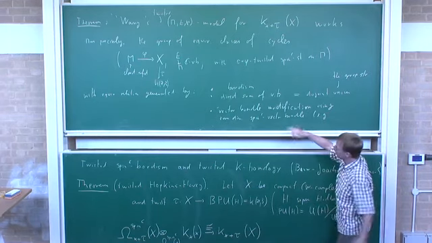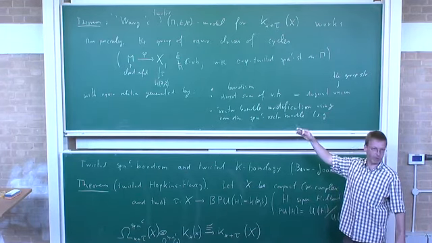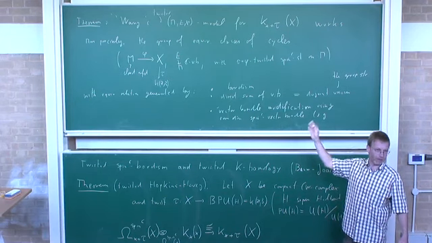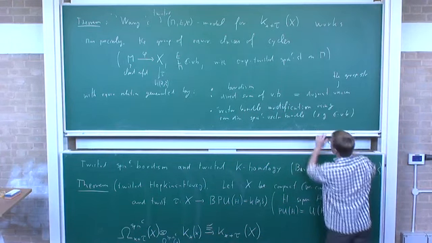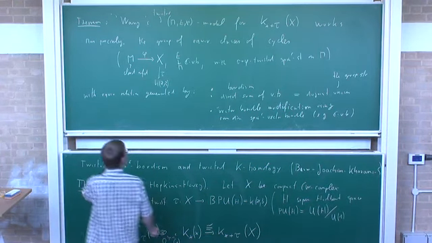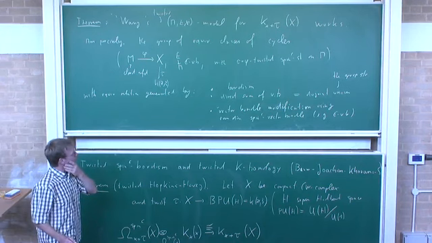You could restrict to just using complex vector bundles, which are real even dimensional and have a canonical spin C structure. Okay, so what is this doing?